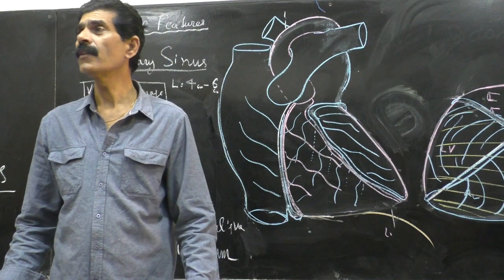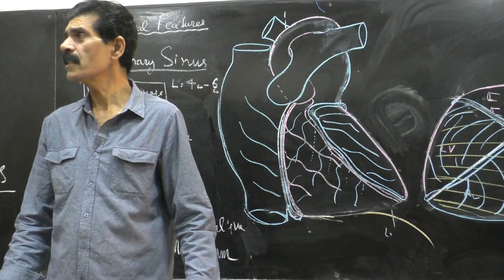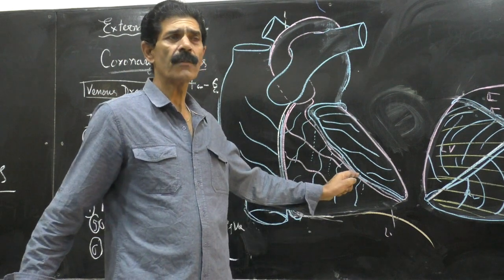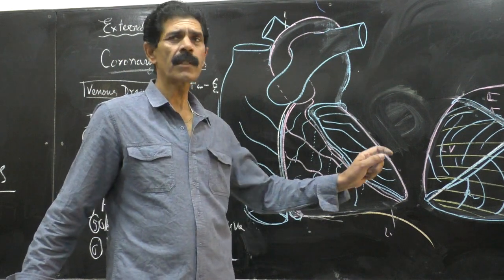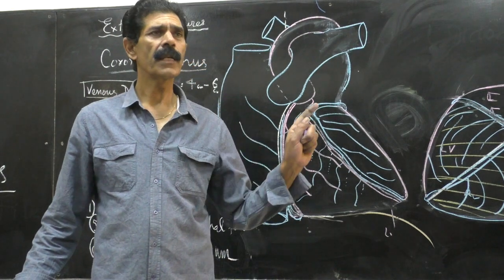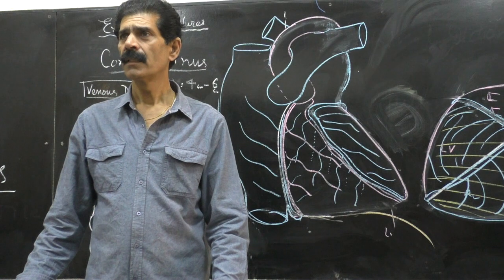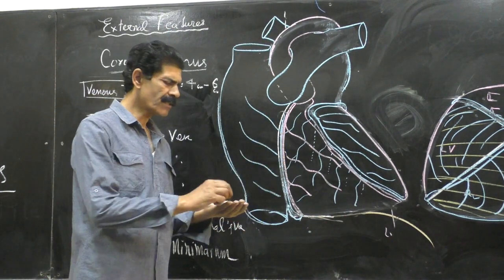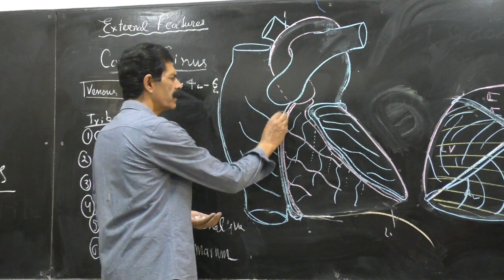Because veins are thin walled, their tunica media is thinner than the arteries, so they are superficial in position. Arteries have a thick tunica media and they are pulsatile, so they remain in the depth. And these vessels are also surrounded by fat.